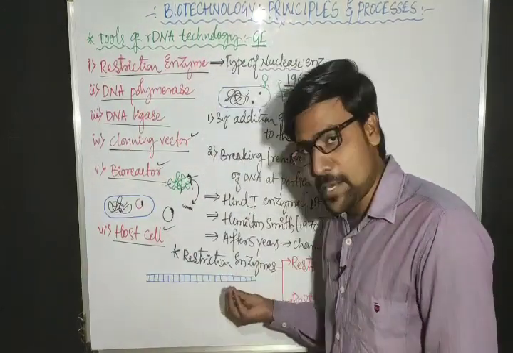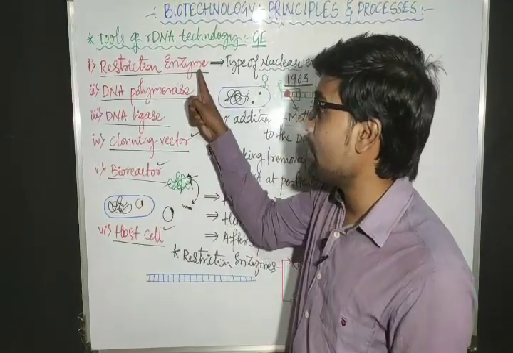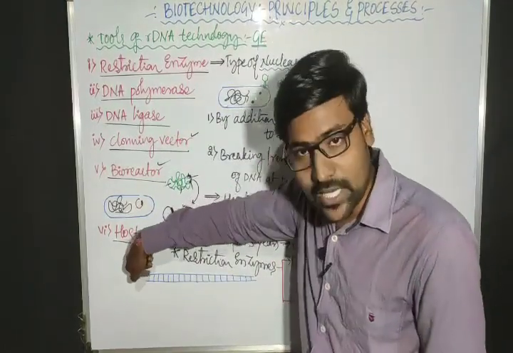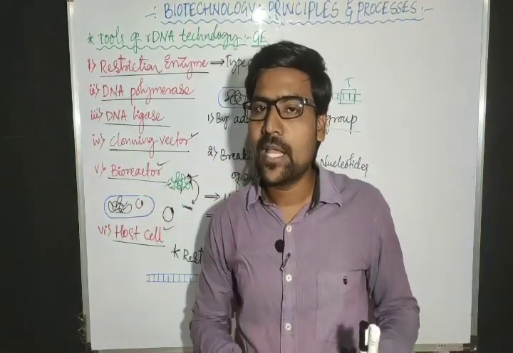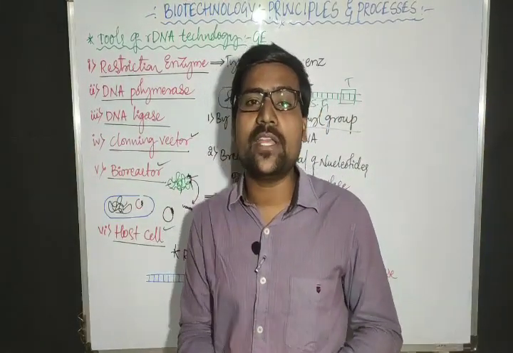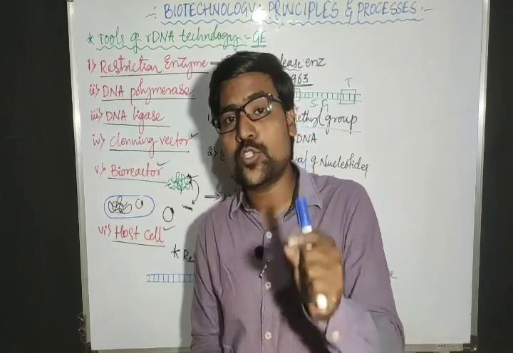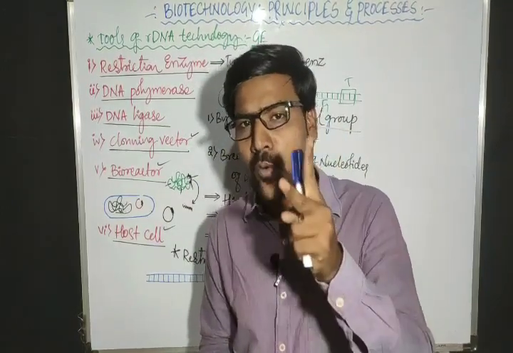If so many base pairs are present, first what this enzyme will do is attach to the DNA and inspect the total length of DNA. Where it gets the suitable sequence in the DNA, there only it is going to cut.